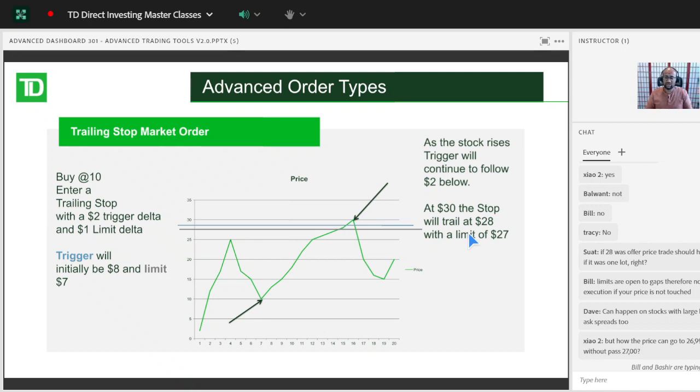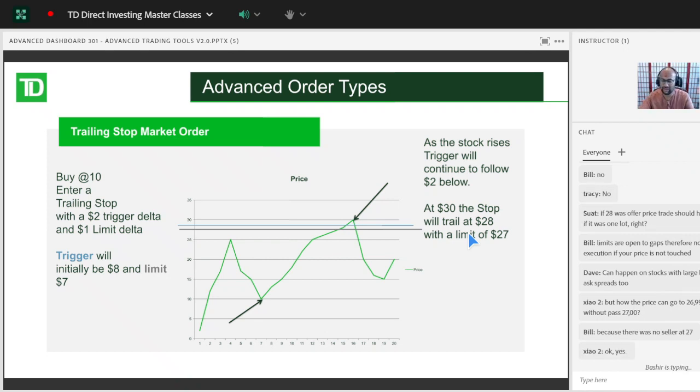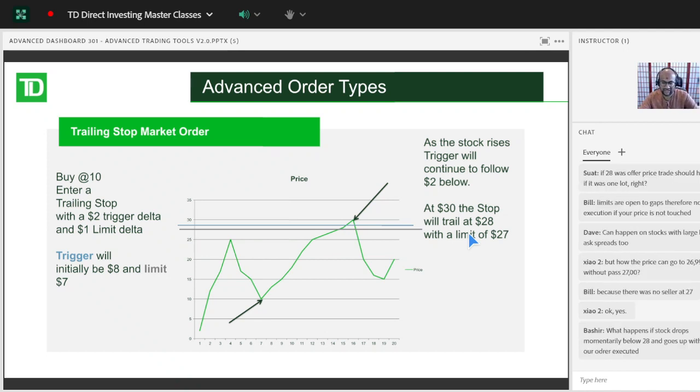And so the next price that traders are willing to pay for the stock can be significantly lower. And Bill mentioned it because there might not even be a seller willing to sell at that 27 price. So just keep that in mind. It doesn't occur a whole lot. I'm giving an extreme example, but there are events known as gap up and gap down where this can happen. All right. So hopefully that explains it.